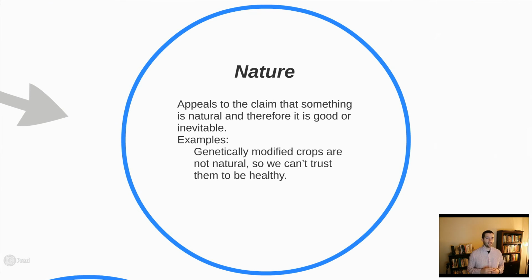So, for instance, genetically modified crops are not natural, so we can't trust them to be healthy. Likewise, things like marijuana is natural, so it can't be dangerous. Now, we might have concerns about both of these things, right? We might believe both of these conclusions, but the premises given are very weak, right?